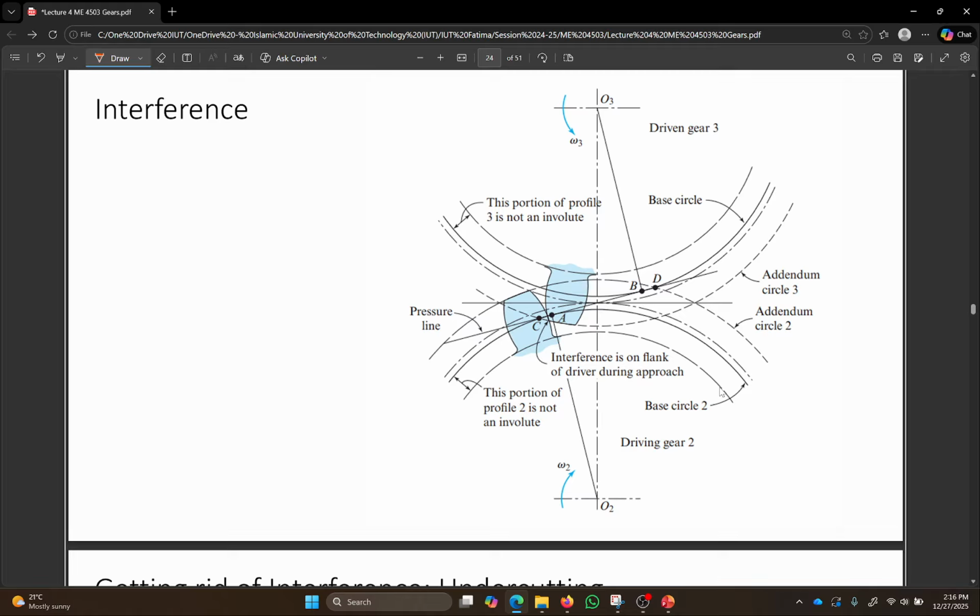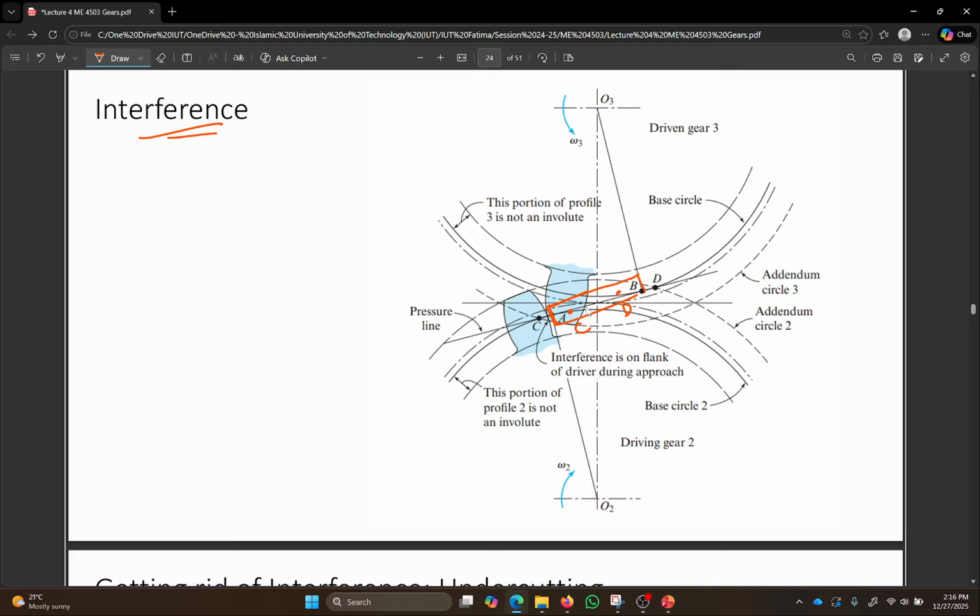Okay, and that's why we want to ensure, to prevent this, that your C and D points must be, it can be over here, it can be over here, it can be over here. It must be between A and B. It can be anywhere between A and B, okay?